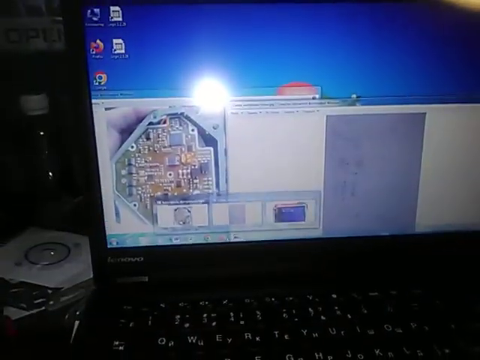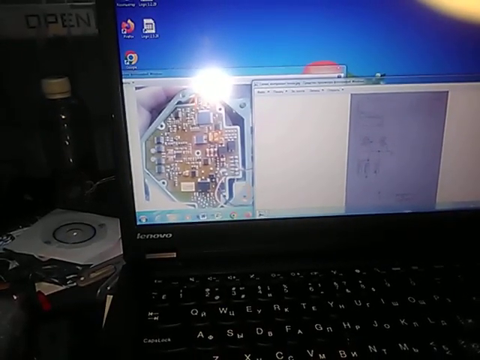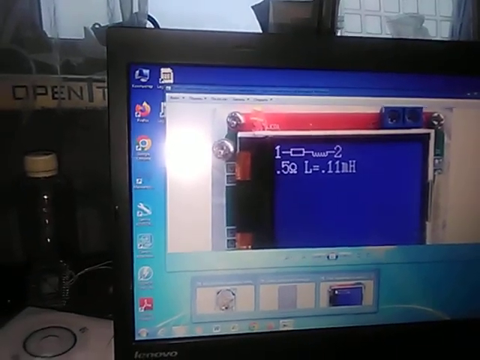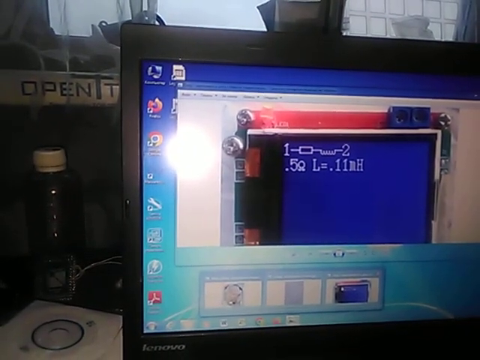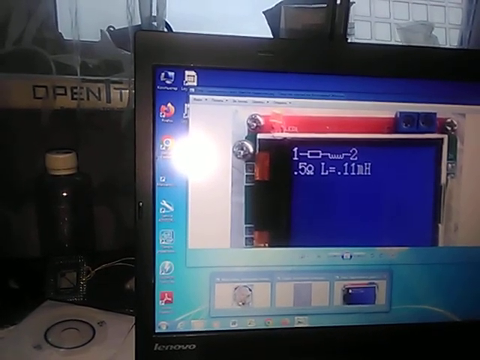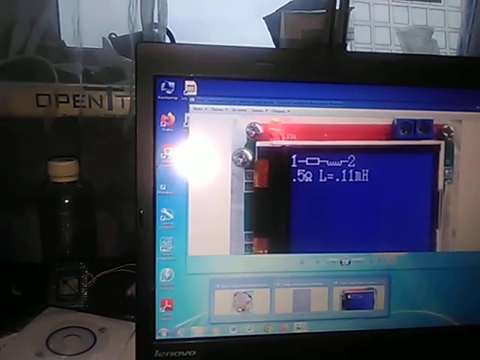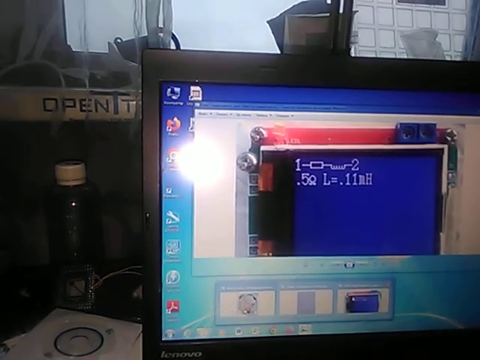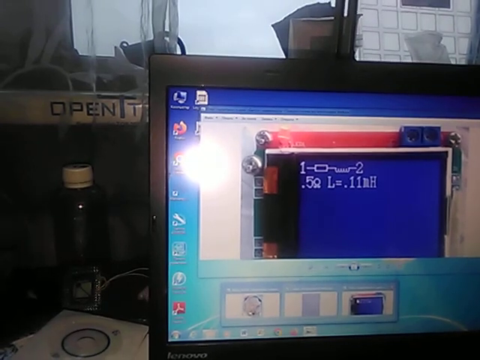By the way, we also controlled a coil of the stepper motor, both the green and white and the red power circuit, for the value of resistance and inductivity.